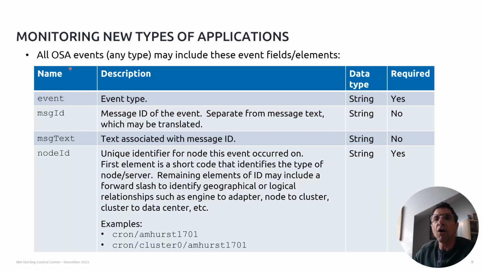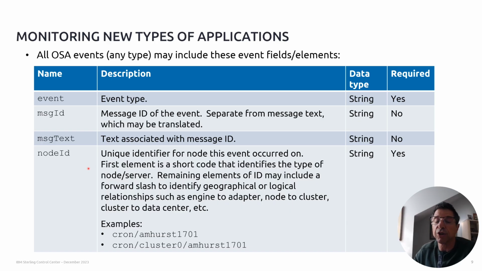Now, all OSA events have some fields that are common. The event field is actually required, and it specifies the type of event that's being sent in. A message ID is optional. Message text is optional.